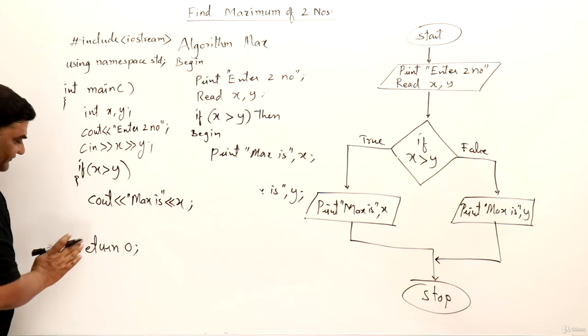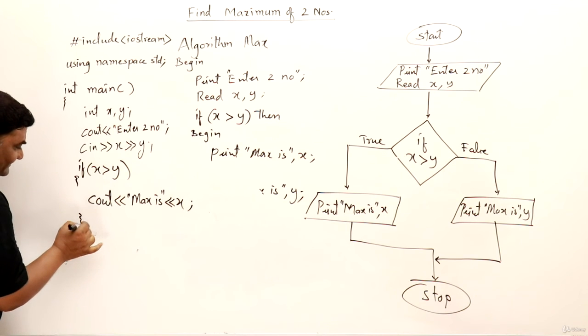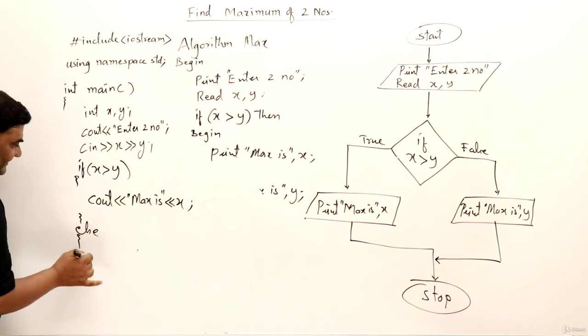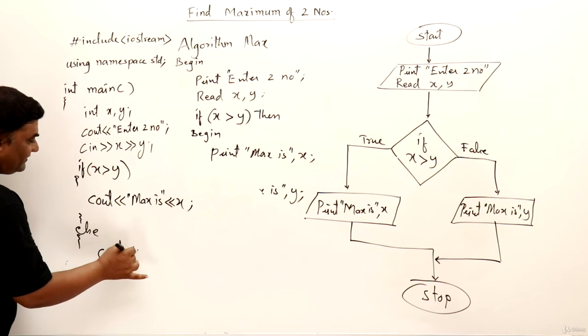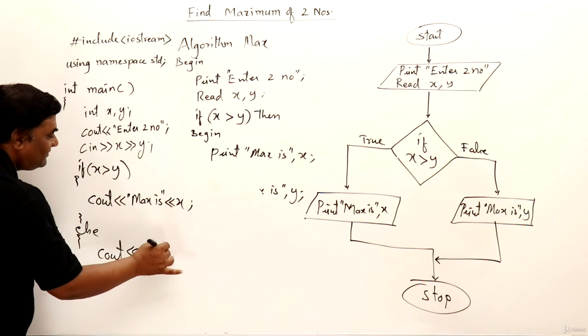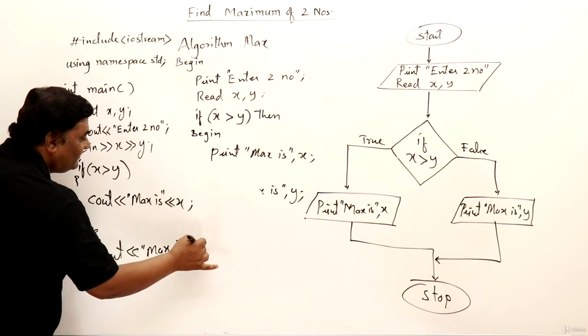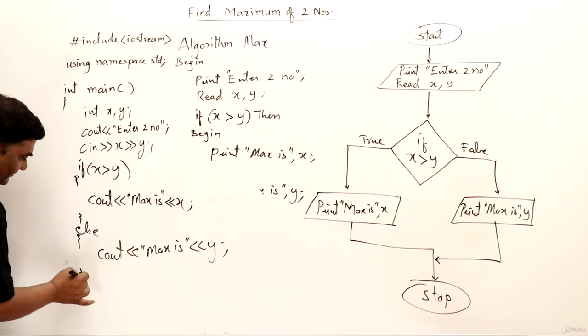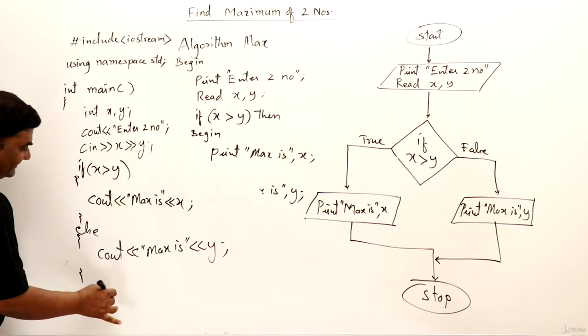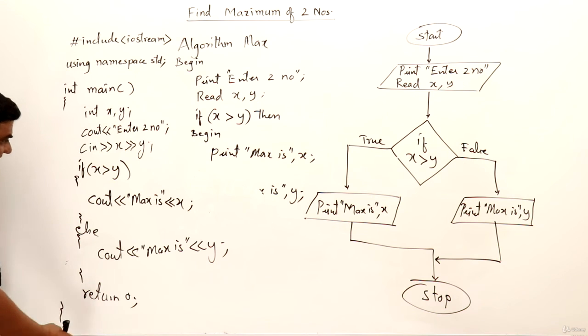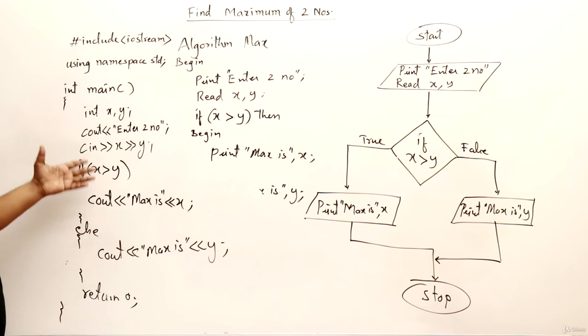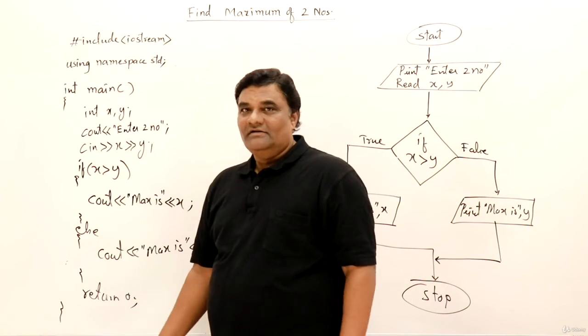This is for if. Then else, again the end of if block, then inside else say cout max is y. That's all. End of this one, say return 0, end of the function. So this is the end of main function. So this is how a program looks like.